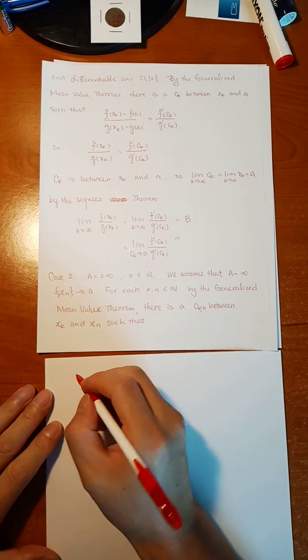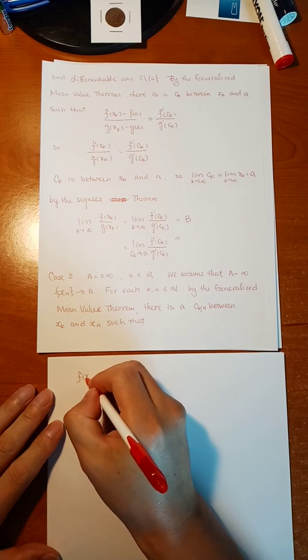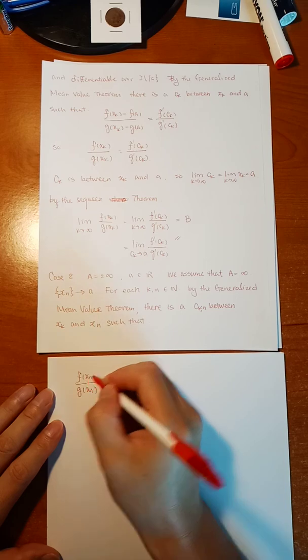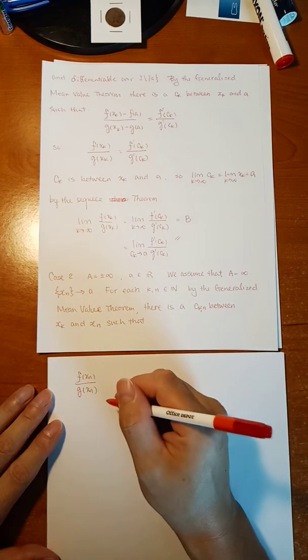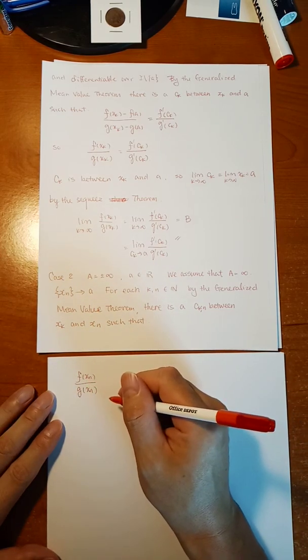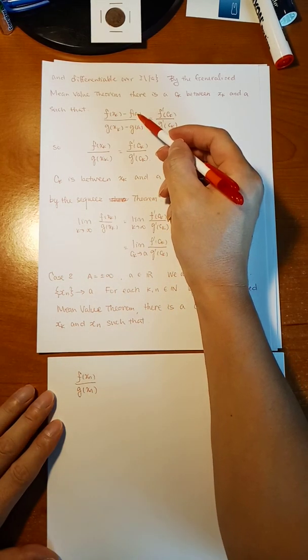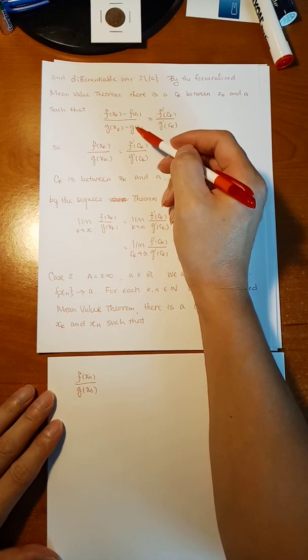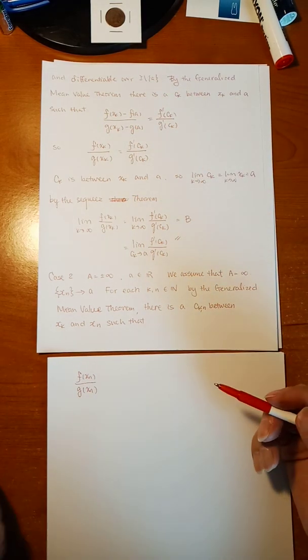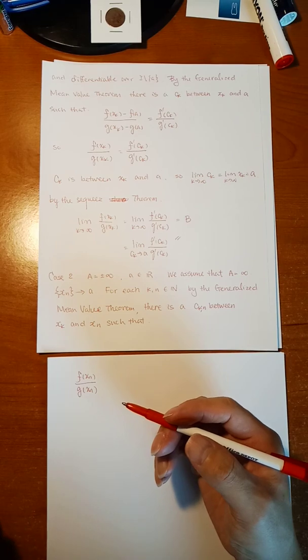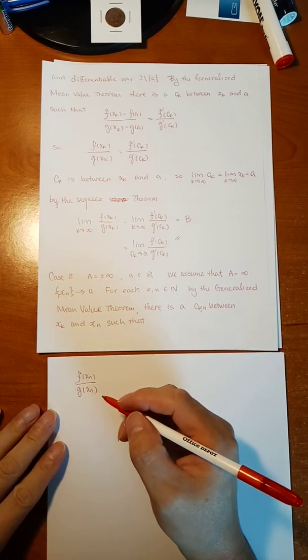We want to compute f(xn) over g(xn), but we cannot directly subtract the same number from top and bottom, because at this moment it becomes infinity. So we just cannot do that.